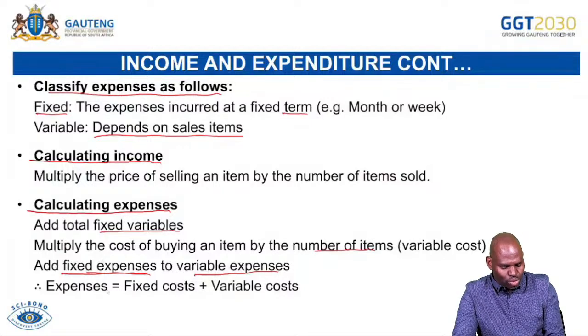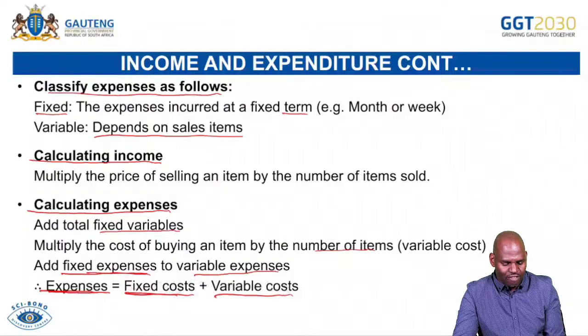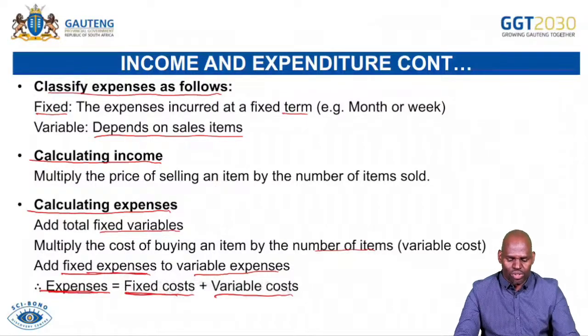So if we have to write down the formula for expenses, we'll say expenses is equal to fixed expenses plus variable expenses, or we can say fixed cost plus variable cost.